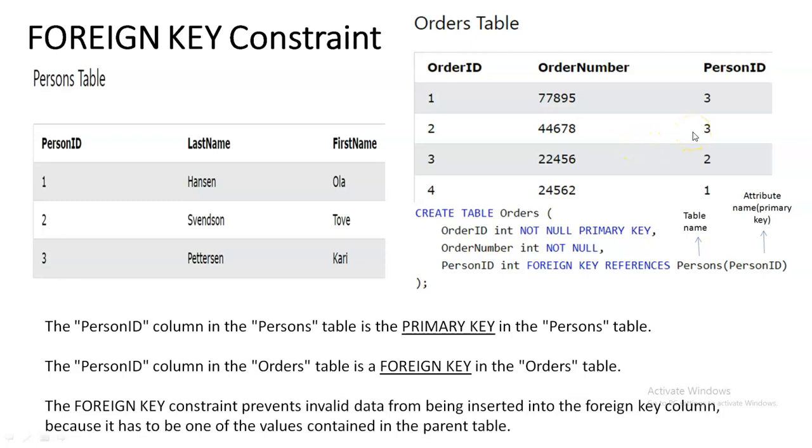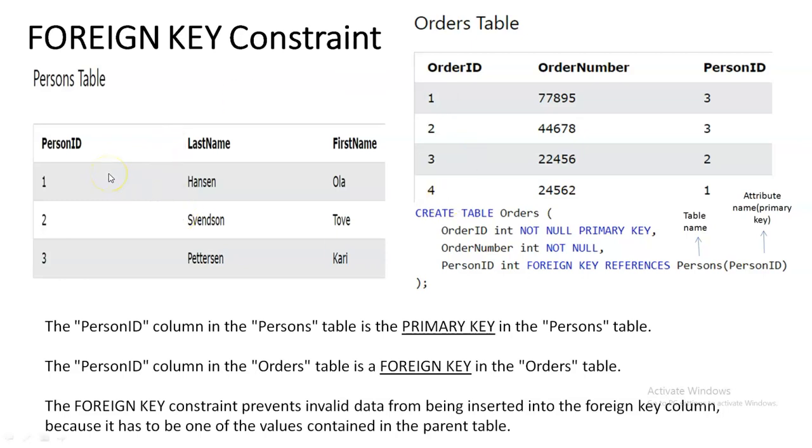In the orders table, for person ID 3, I have two records. So directly I cannot delete a record in the base table. Suppose I want to delete person 3 itself, then first I have to delete the records in the orders table, and only then will I be able to delete in the base table. So these are the two key constraints of the foreign key constraint.